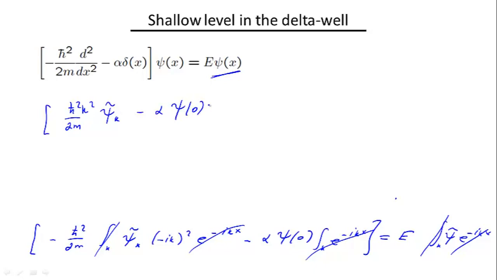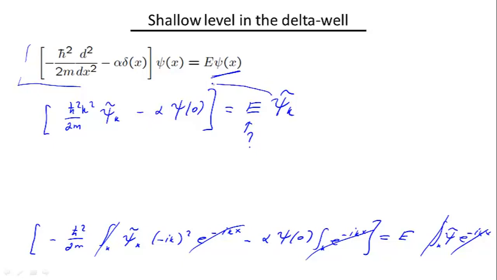This psi of 0 is evaluated in real space though. And the right-hand side is going to be the energy that we are looking for, so this is our unknown, times psi tilde of k. So we see that instead of solving the complicated differential equation as it looked in the beginning, we have now reduced the problem to solving essentially a linear equation that we know how to do from high school math.